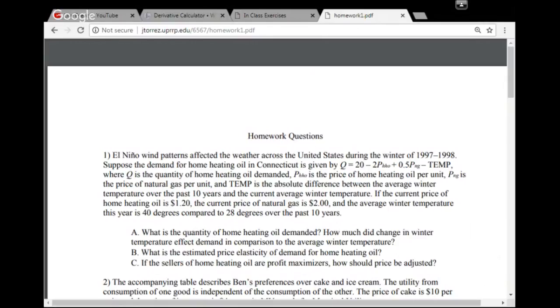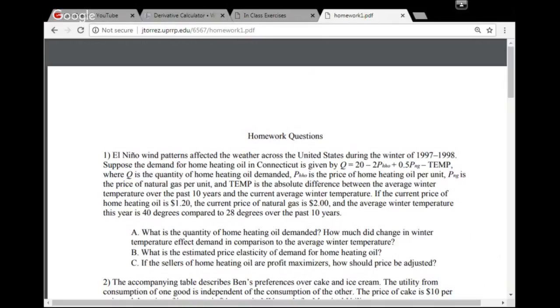Can you see a little cursor? I'm putting it right above the price of home heating oil. What is it? $1.20. Perfect. And what was the Q we calculated a second ago? I hope you wrote it down because I erased it. 6.6. Perfect. So -2 and 1.2 over 6.6.